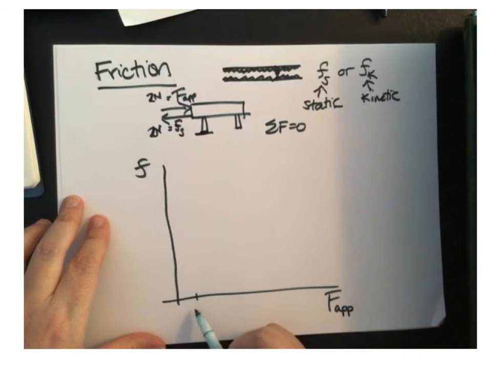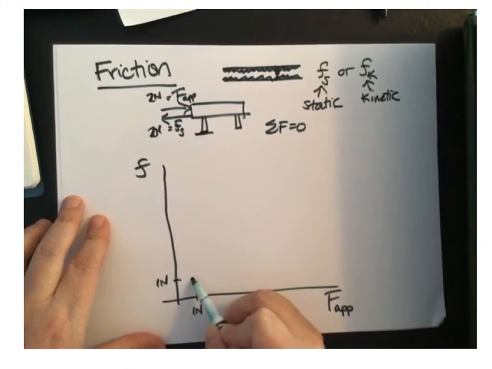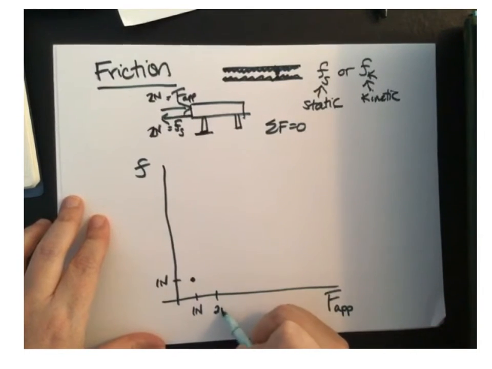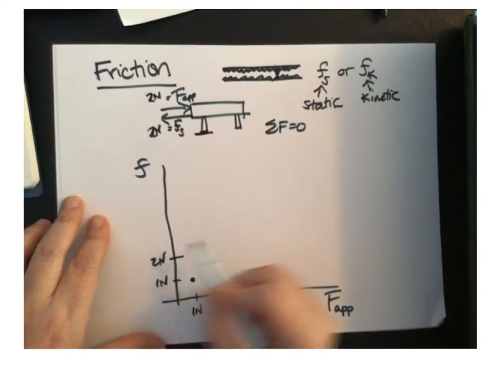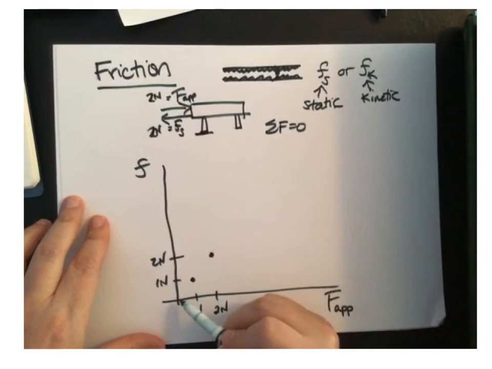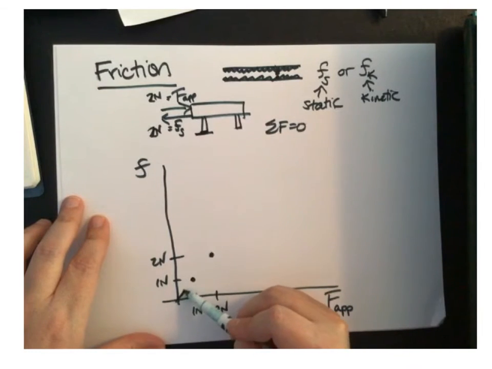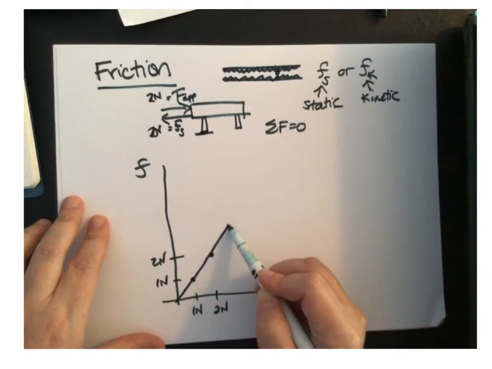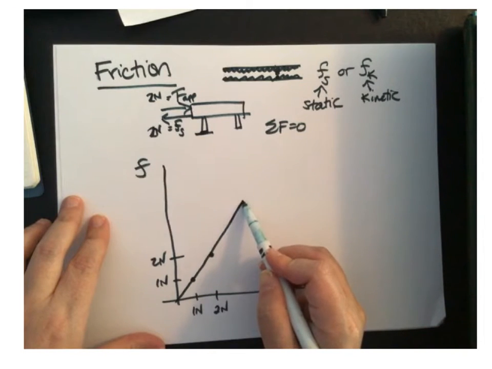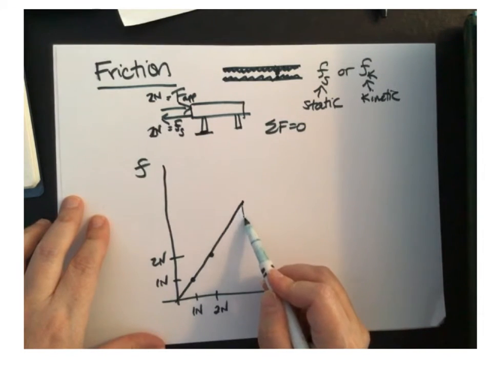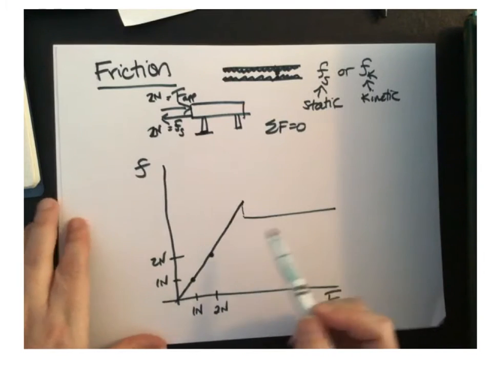So what did I have? I pushed with 1 Newton, and I got 1 Newton of friction force. 2 Newtons, 2 Newtons. Okay, so what'll happen is I'll push, it'll give me everything it needs, and then all of a sudden, boom. All right, so what just happened?